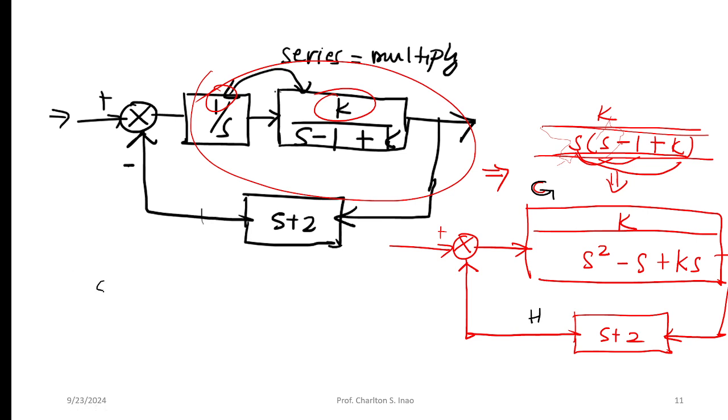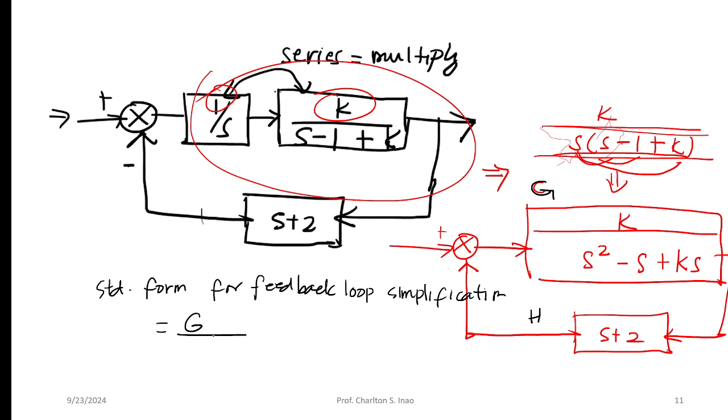Okay. So our standard form for feedback loop simplification is this. So G, which is the forward loop, over 1, then look at the sign here. I think this is negative, right? So if it's negative, you put positive here.